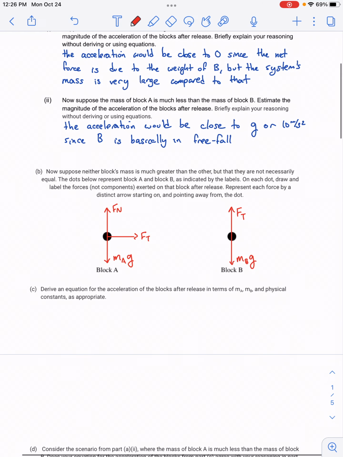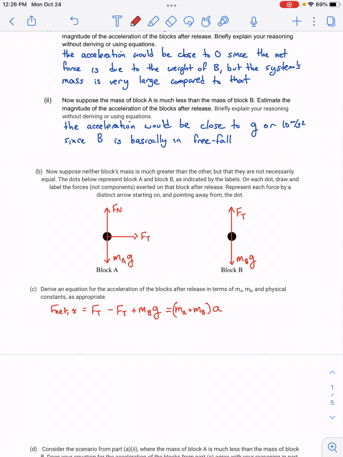So our equation is that the net force in the x direction is the force of tension to the right minus the force of tension to the left plus the mass of B times g. And this is going to equal the mass of the system, which in this case is the mass of A plus the mass of B, times the acceleration of that system.